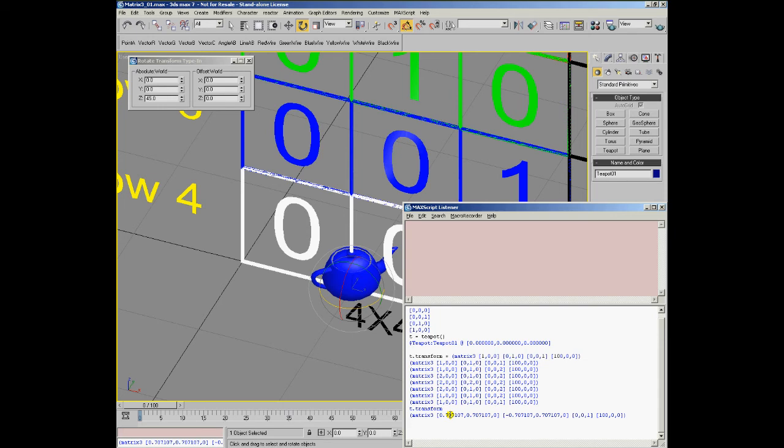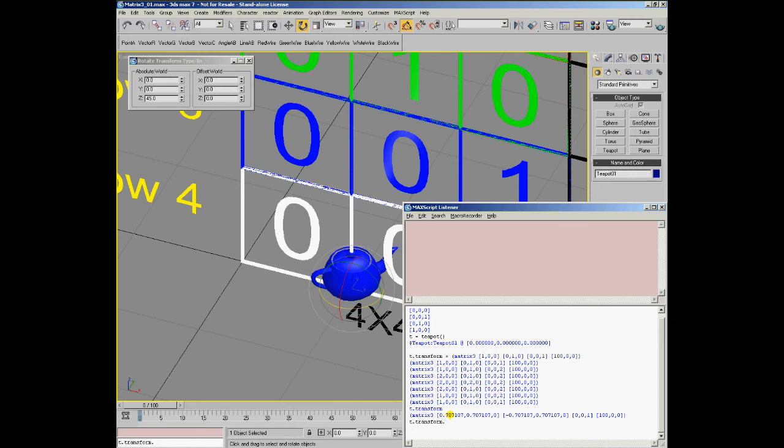The transformation property can be used to acquire information about the translation, rotation, and scale. Actually, any matrix tree value has these read-only properties.